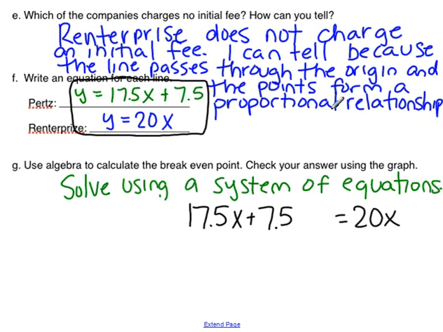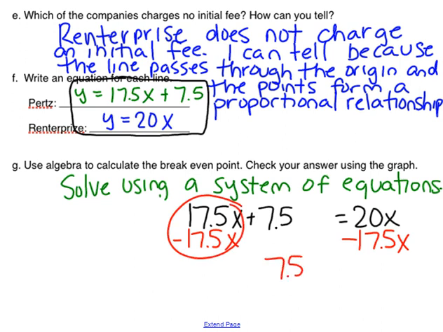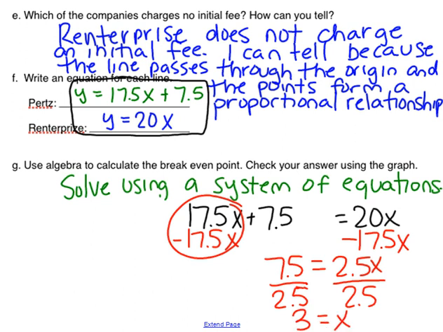Okay, to solve it, we're going to subtract 17.5x from each side. Here are your 0 pairs. And then we're going to divide by 2.5 on each side. So we get an answer of 3 equals x, and based on our graph, x is the number of days.